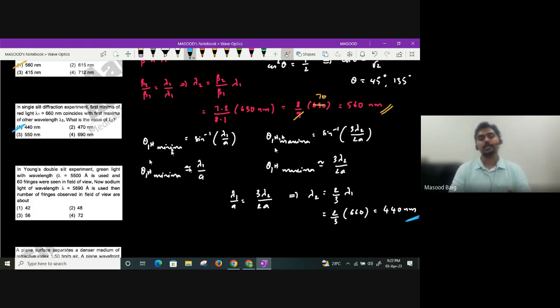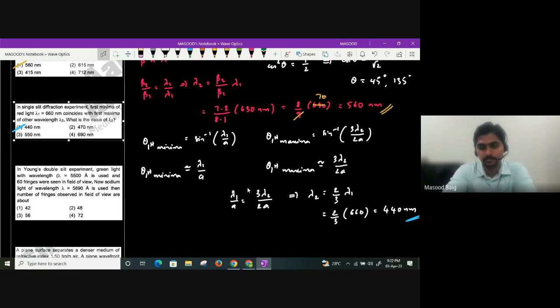Now they are saying the first minima formed using lambda 1 and the first maxima formed using lambda 2 are at the same point. So can I say angular positions will be the same? When they are at the same point, the angular position will be the same. Clear? Yes, sir.